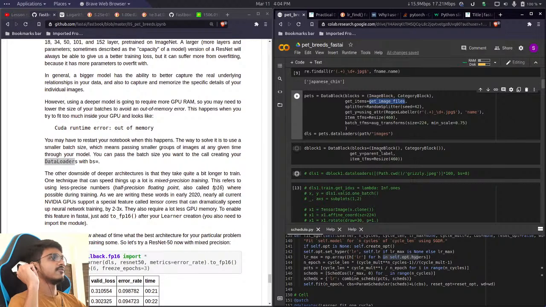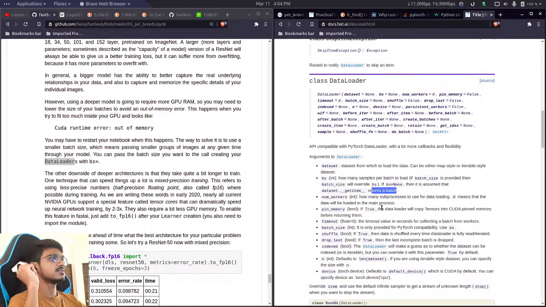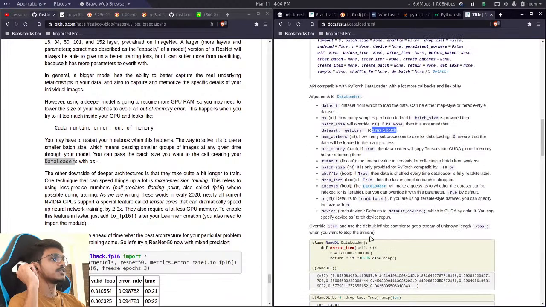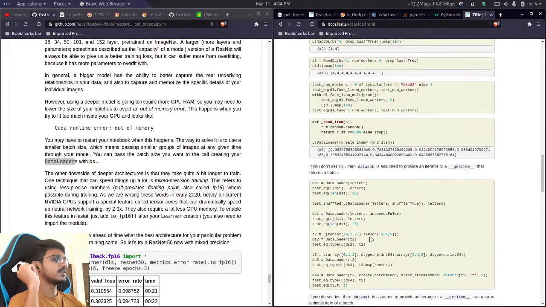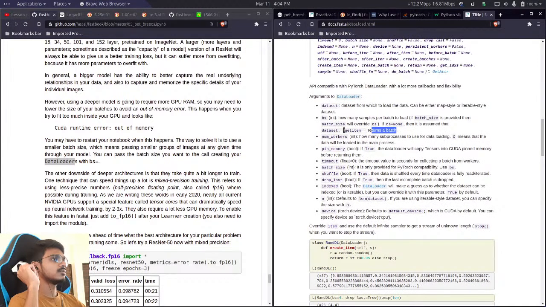So the default batch size is None. Is this what this documentation is trying to say? The default is None, then it is assumed that the dataset.__getitem__ returns a batch.